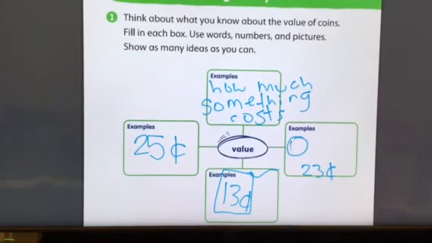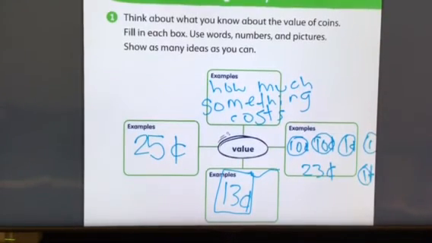So I would need one dime, that's 10. Then I would need another dime because 2 dimes is 20 cents. 10, 20. And then I'm going to need 3 pennies because I'm at 20. So that would be 21, 22, 23. So that's a different way to show value.